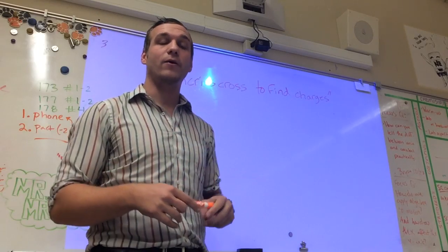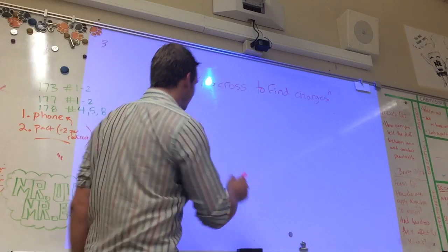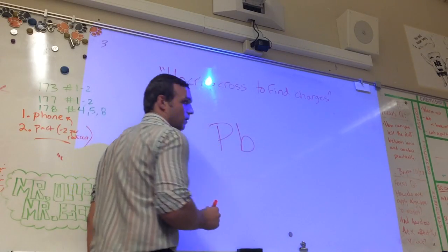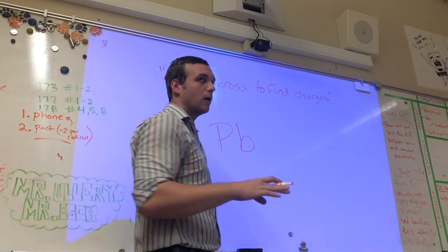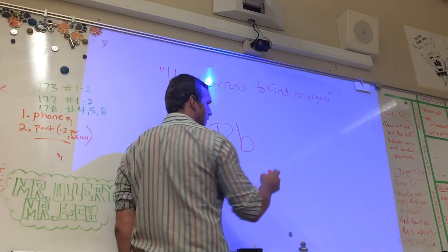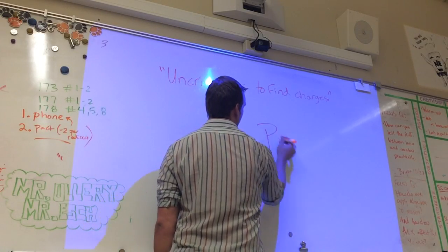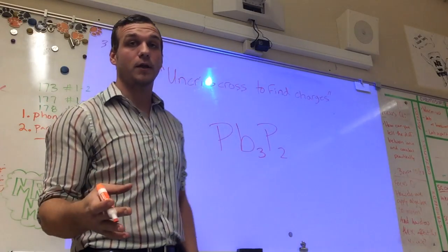So let's look at a compound real quick. I'll just write one that we didn't use last time. Let's use something a little bit easier first. What should we use? Phosphide? I agree. Let's use Pb3P2.